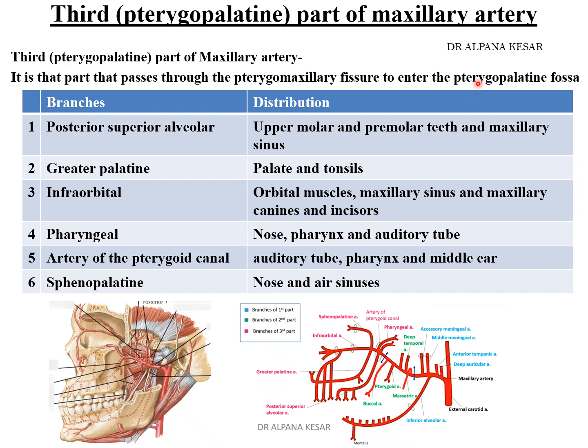The part of maxillary artery which lies within the pterygopalatine fossa is called the third part of maxillary artery, or the pterygopalatine part of maxillary artery. The branches of this part are posterior superior alveolar nerve, which supplies upper molars, premolars, and maxillary sinus.